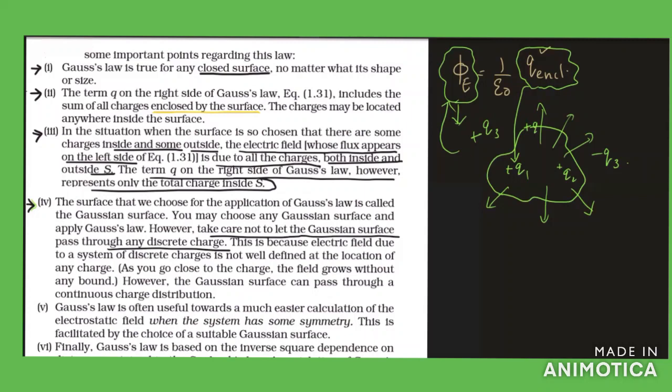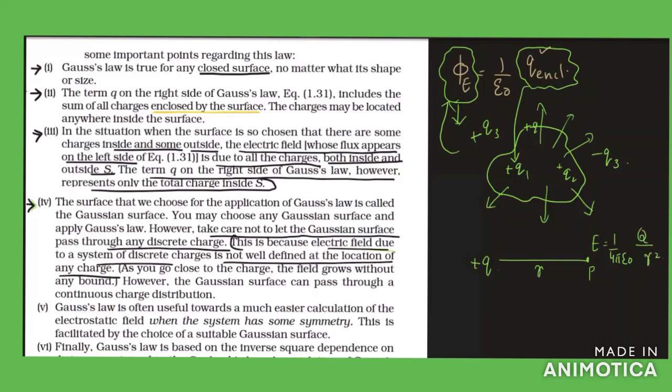It is because the electric field due to a system of discrete charges is not well defined at the location of any charge. We know that, for example, if we consider point charge Q, at a distance r from the charge at a point P, the electric field is 1 by 4 pi epsilon 0 Q divided by r square.